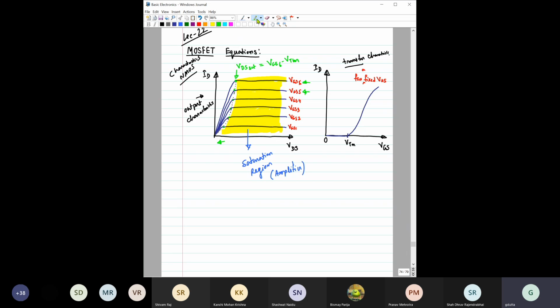Similarly, if you see this side, where the current is almost linearly increasing with increase in VDS, that particular region is called the triode region or the non-linear region or non-saturation region.